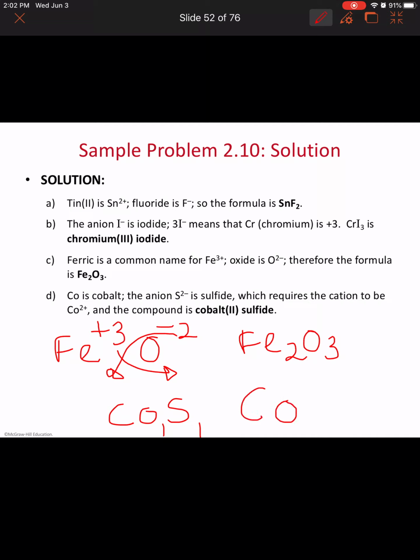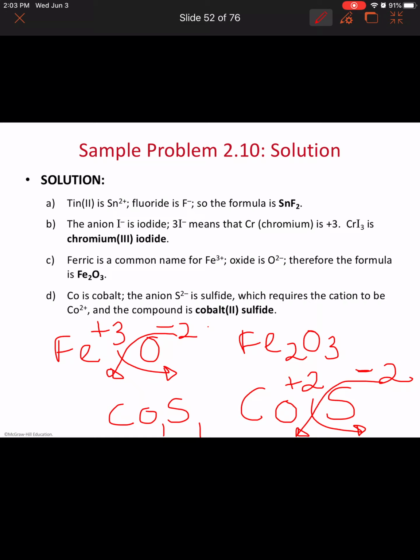It doesn't mean cobalt is +1, sulfur is -1. Remember we saw sulfur is -2. So cobalt could be either +2 or +3. Since sulfur is -2, cobalt has to be +2. And when you write the formula, it would be Co2S2, but since it's an ionic compound, we can divide it by the common factor to have CoS.